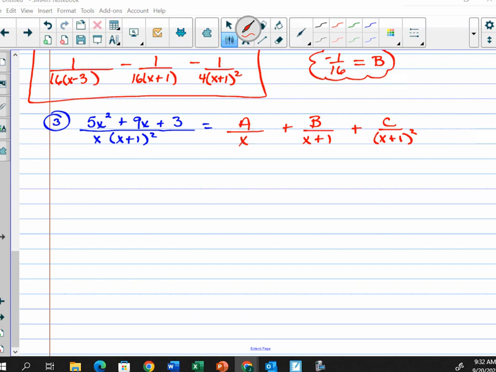You get happier numbers on this one, guys. You shouldn't get any fractions for A, B, and C this time. Wait, so is it only when you do the third one that you plug in the first two numbers?